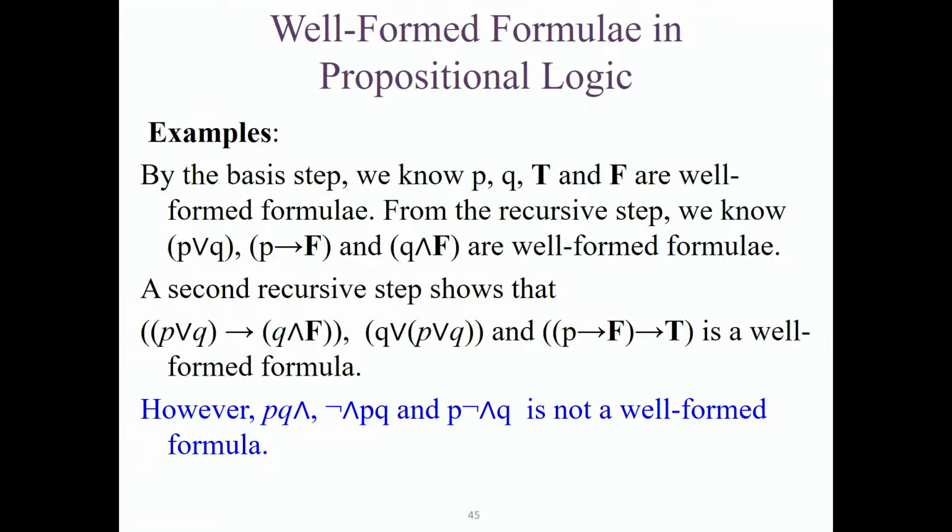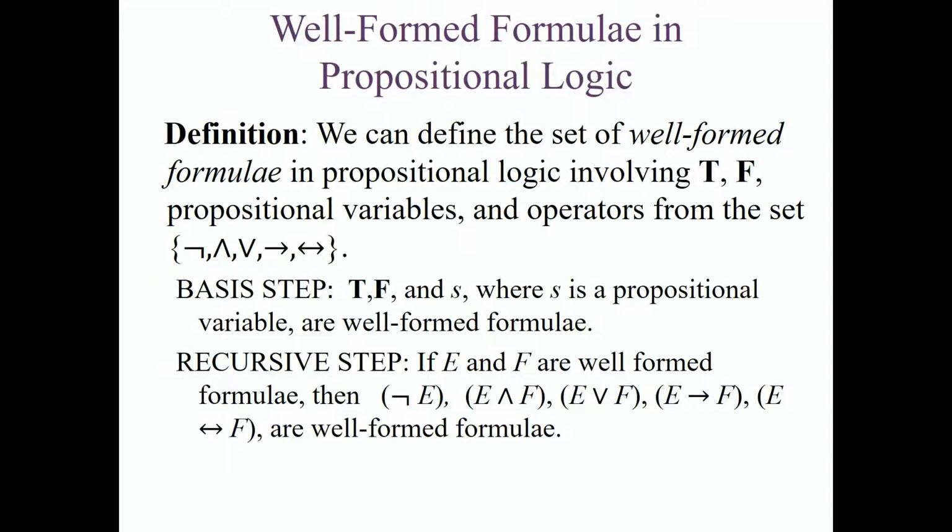P, Q, T, F are well-formed formulas. Then following the recursive definition, we can write P or Q, if P then F, P or F, Q or F, because you can substitute P, Q, T, F into the recursive step for these 5 different forms.